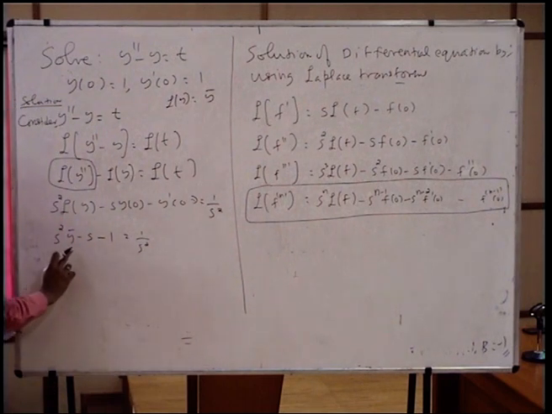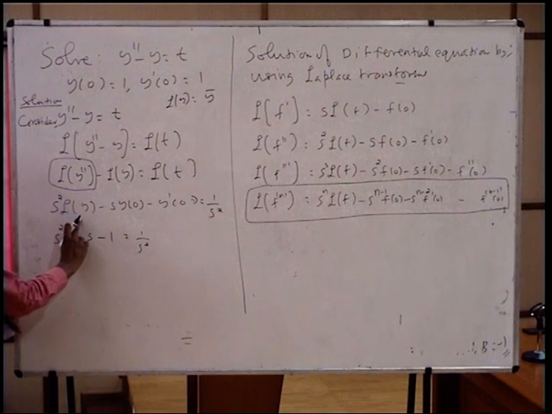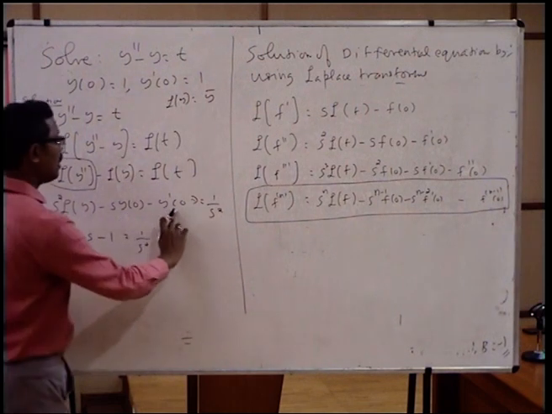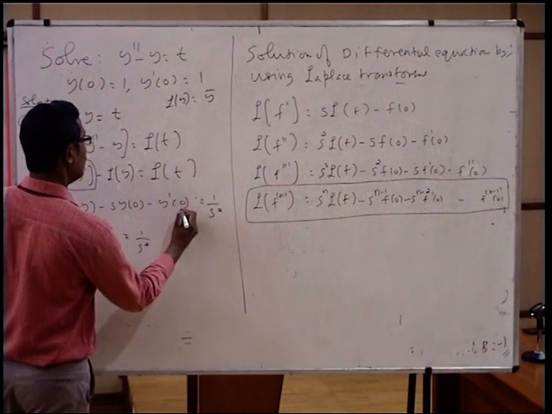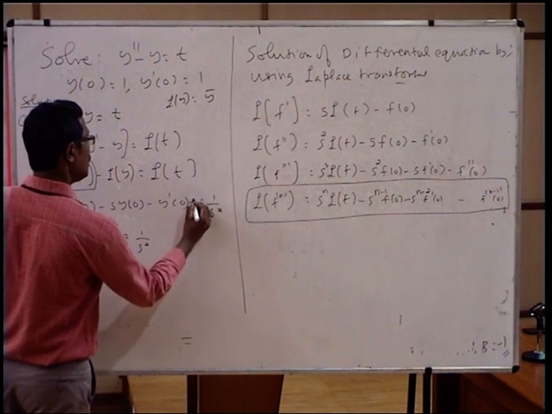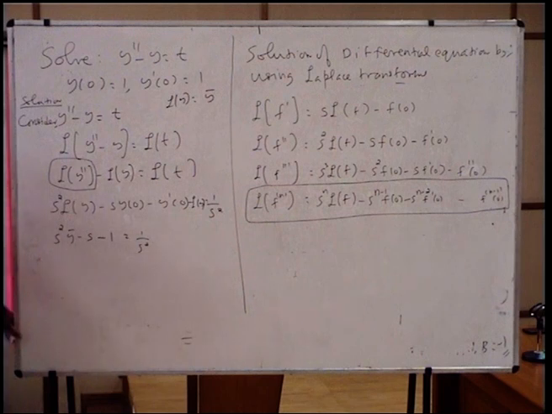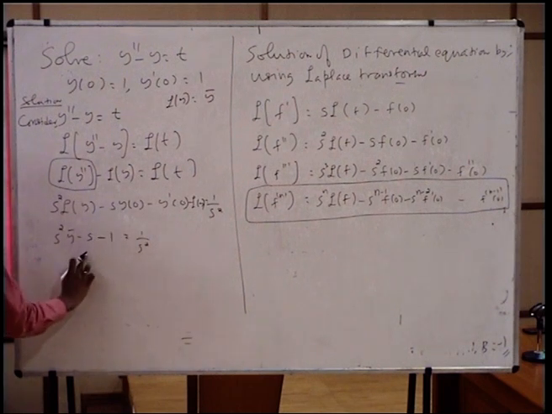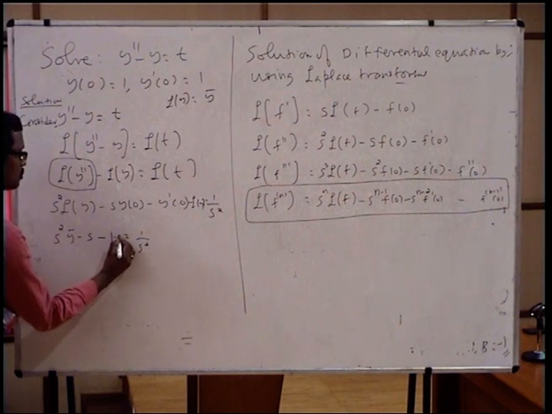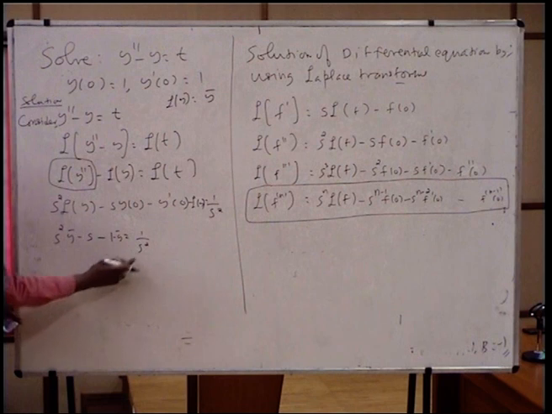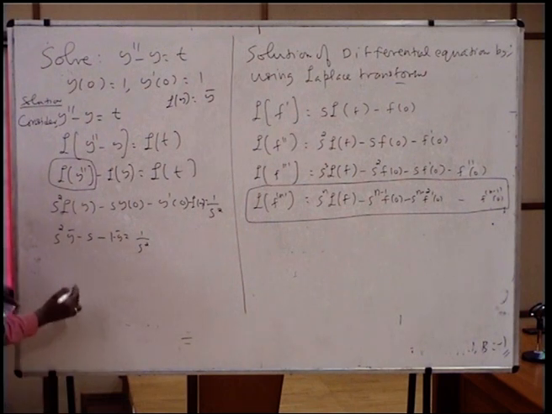So s square y bar minus s, minus 1, minus y bar equal to 1 by s square.